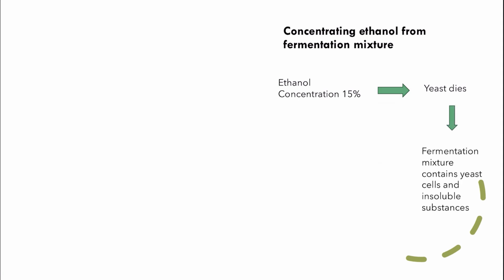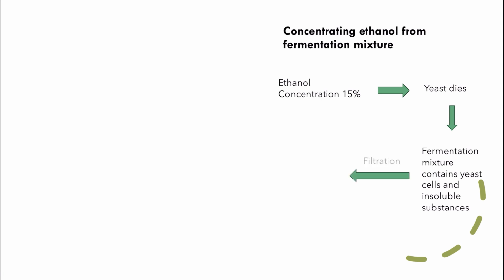One of the main problems of this method is that the ethanol that is produced is very dilute, and we need to concentrate and purify the ethanol before it can be used. So concentration of ethanol from the fermentation mixture is quite important. First of all, when the ethanol concentration reaches 15%, the yeast will die. The mixture now contains yeast cells and some insoluble substances.